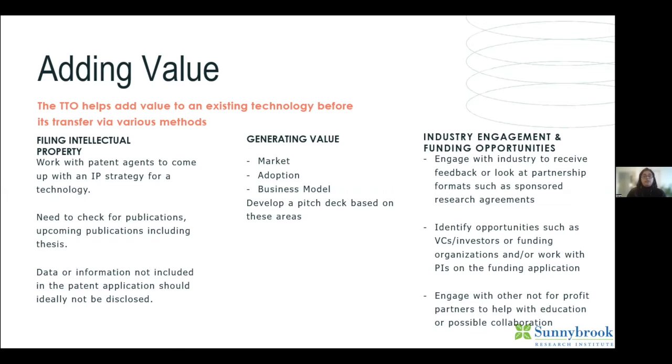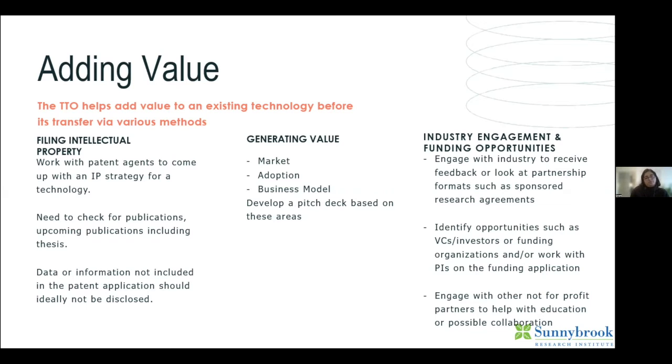Another thing to look at is sponsored research agreements. This is a very interesting format of engagement and it's been picking up quite a bit over the years, because it allows you to work with industry and thereby convert that perhaps moving forward into a license. So it's a revenue generating model both for the university as well as for the industry partner.